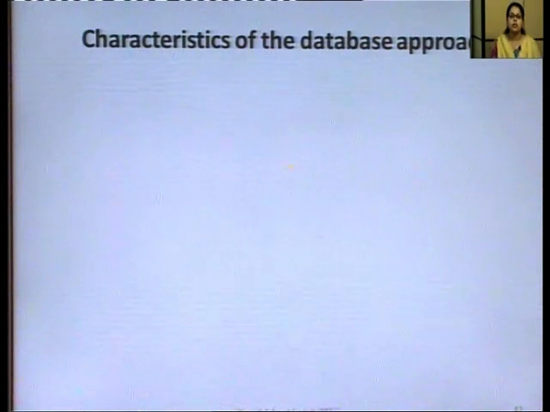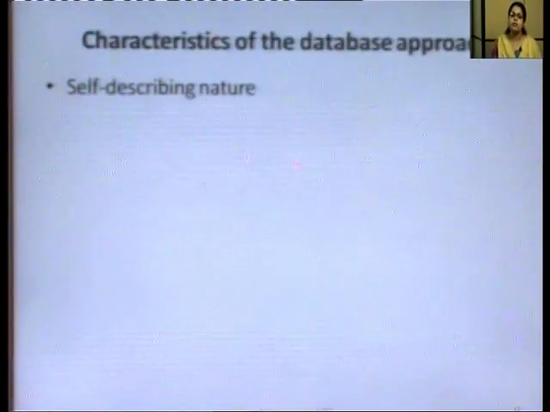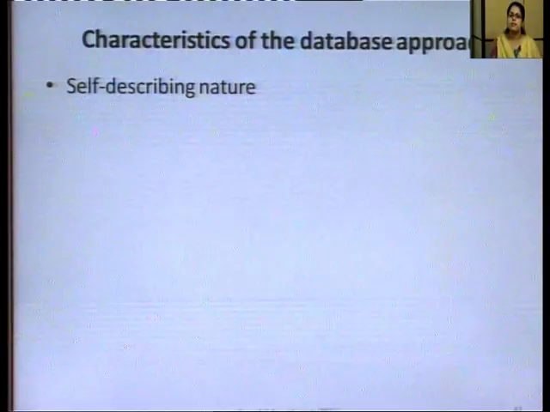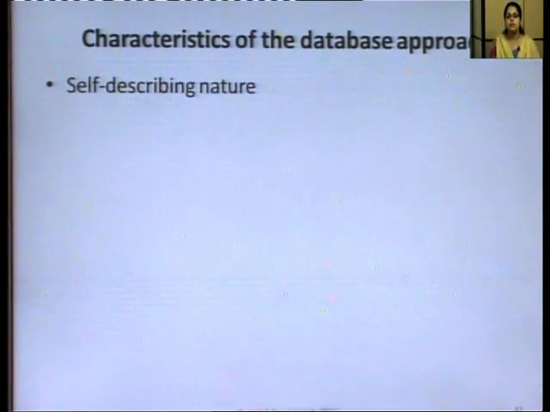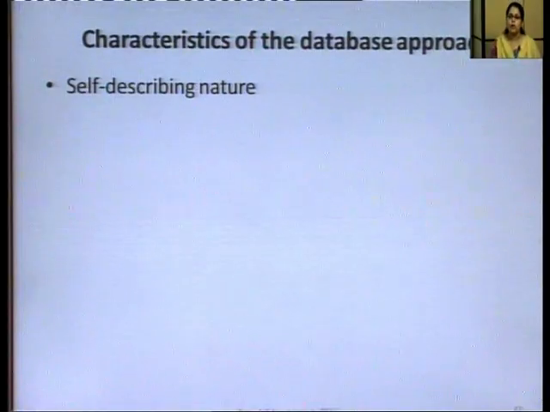Apart from these, the main characteristics of the database approach that make it different from, or advantageous over, the traditional file processing system are: first is self-describing nature. Now, what is meant by self-describing? A database system not only contains the database itself, but it also contains the definition of the database structure, which is called metadata.